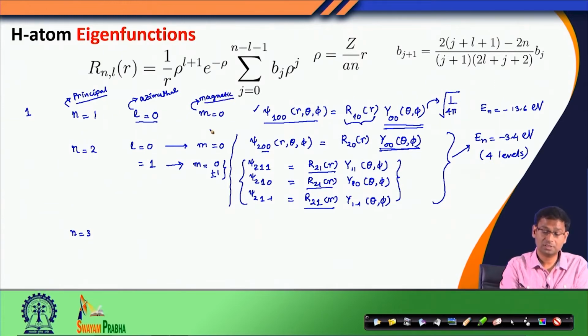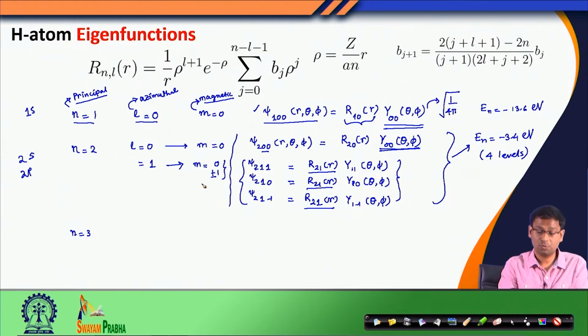And why we call this m as magnetic quantum number, we will discuss in a few classes. So, n equals 1, L equals 0, m equals 0, we simply give it as 1s, s represents L equals 0. L equals 1 is given as p. So, this label we have 2s, and when n is 2, L is 1, we have 2p.